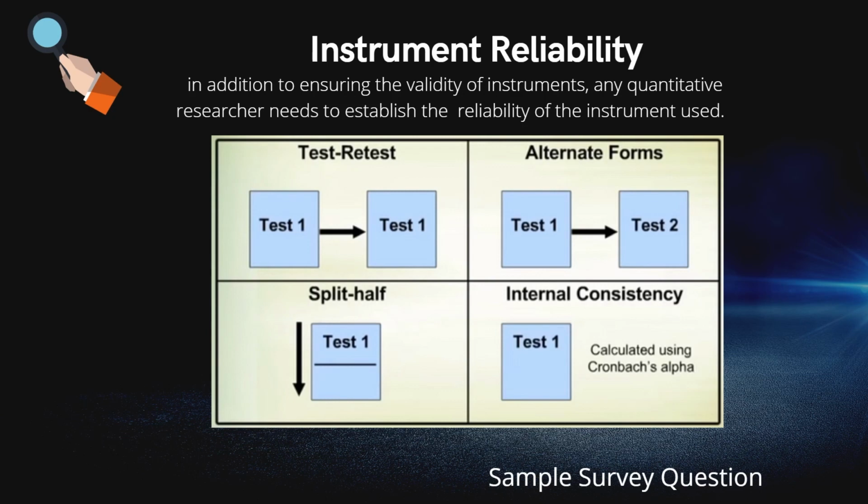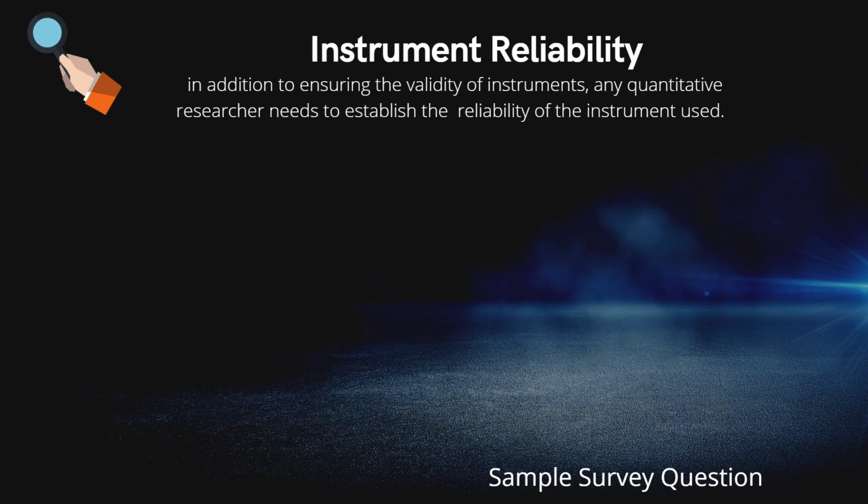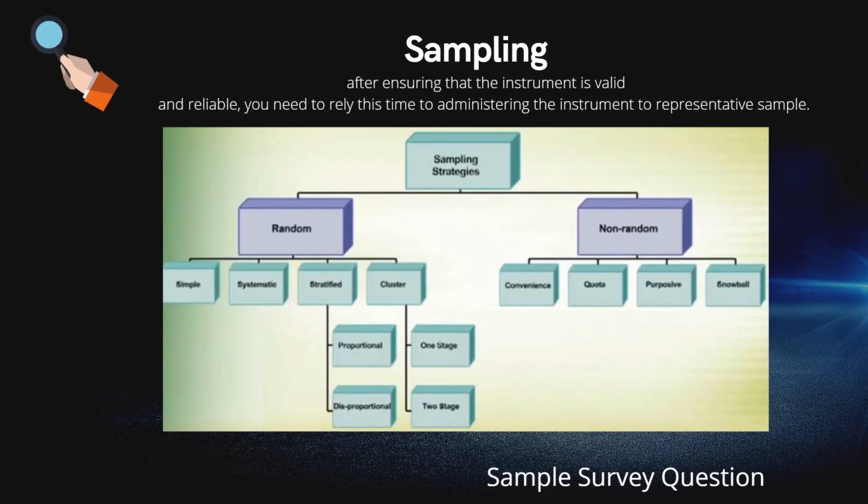So this is usually the one that we measure in terms of internal consistency of the instrument that we have. Okay, so that's for reliability, and then we'll proceed now to sampling. After ensuring that the instrument is valid and reliable, you need to administer the instrument to a representative sample.